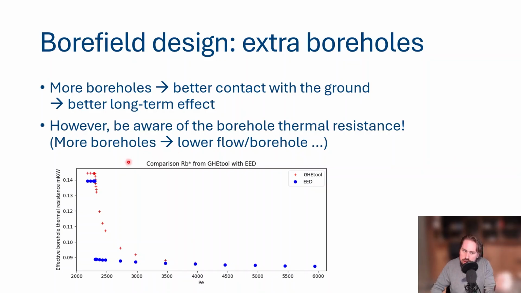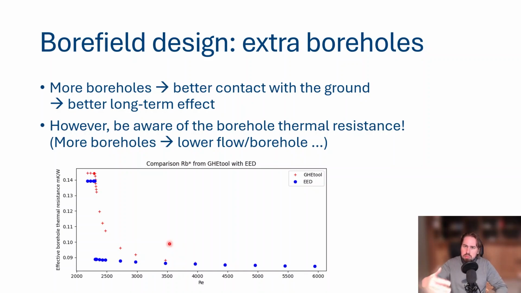And if we take a look at this graph, which we already discussed, I believe almost a year ago, you see that when you have a higher flow rate, a higher Reynolds number, our effective borehole thermal resistance is better. So a better resistance means we can better cope, we can better handle the imbalance, let's say.